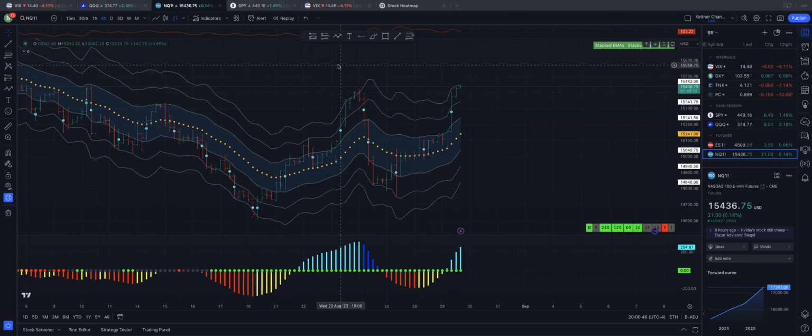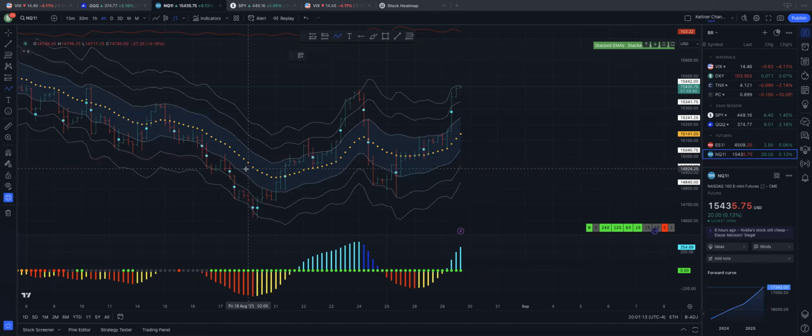So when we're looking at these, these are the Keltner channels. Basically, they measure the average true range of a stock, and they give you an idea when we're too far extended. Personally, I think they're way better than an RSI, because they give you the average range a stock moves.